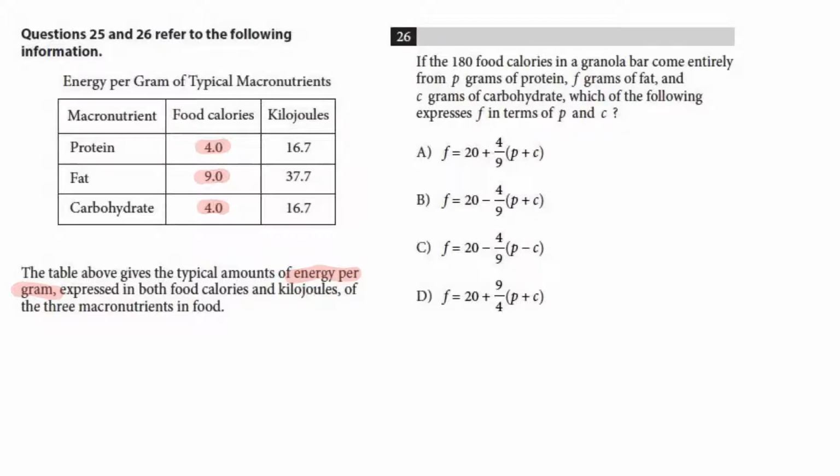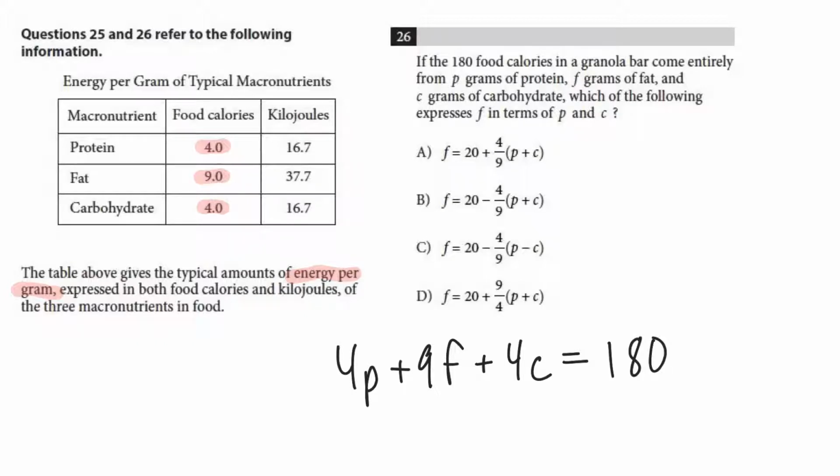So that would mean 4 times P, however many grams of protein, plus 9 times F, for how many grams of fat, and then 4 times C. That would give us the total number of calories. And we know that it's 180 calories. All right, and we want to solve this.